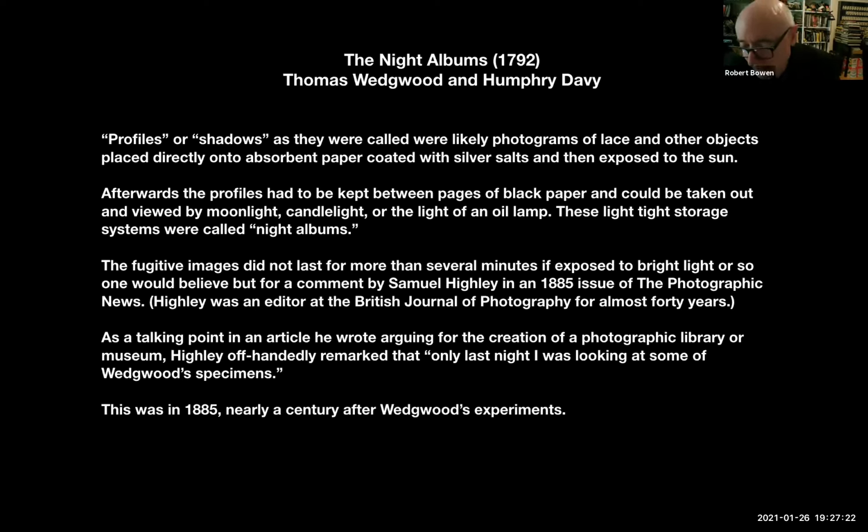And so we know that Daguerre and William Henry Fox Talbot are really credited as the first genuine photographers. But this Wedgwood thing really strikes me because they would get together and they made these sort of photograms, which they called profiles or shadows.